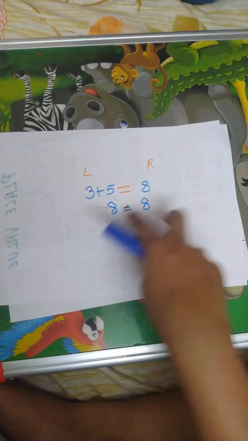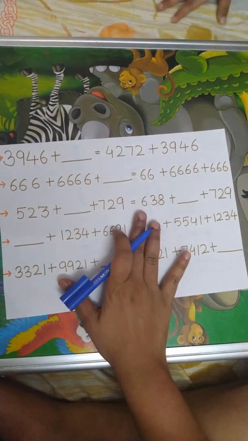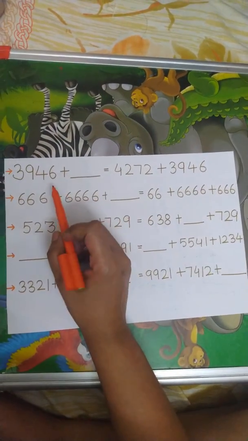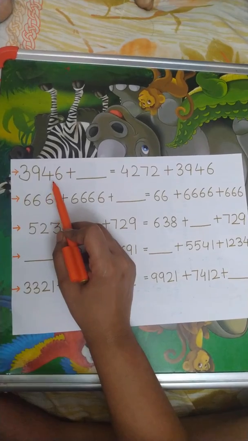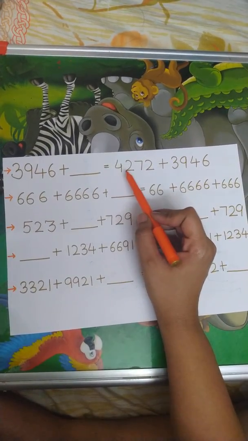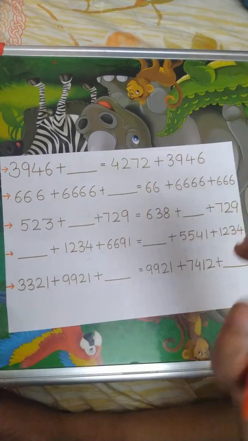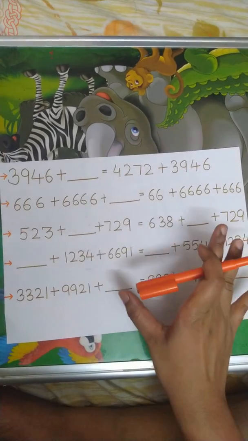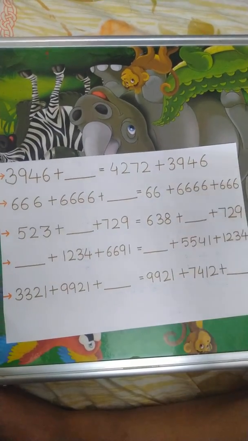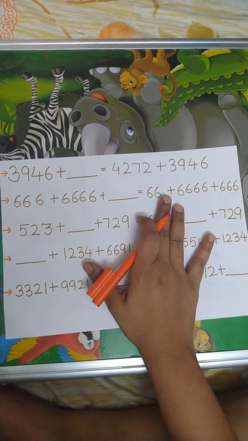Okay, so coming back to our exercise, the questions. Here I have 3946 plus dash equals 4272 plus 3946. Now you don't have to do any rough work or any vertical addition right now.